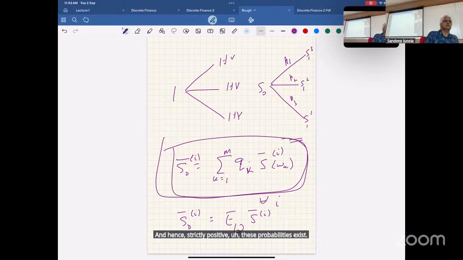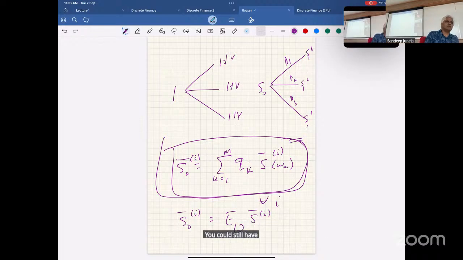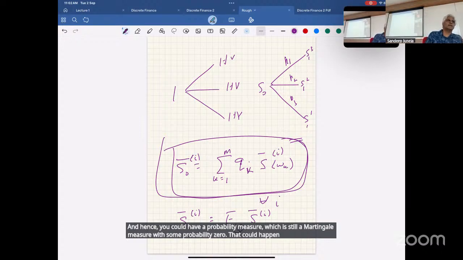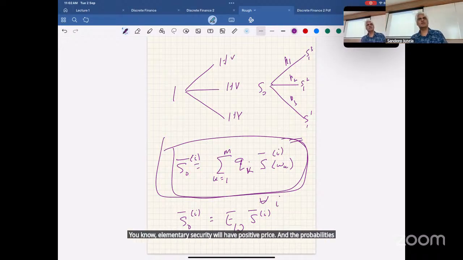But in that world you could still have state prices where some components are 0, and hence a probability measure which is still a martingale measure with some probability 0. It would still be no arbitrage, but it would not be complete. When the markets are complete, each elementary security will have a positive price, and the probabilities associated with that will also be positive.